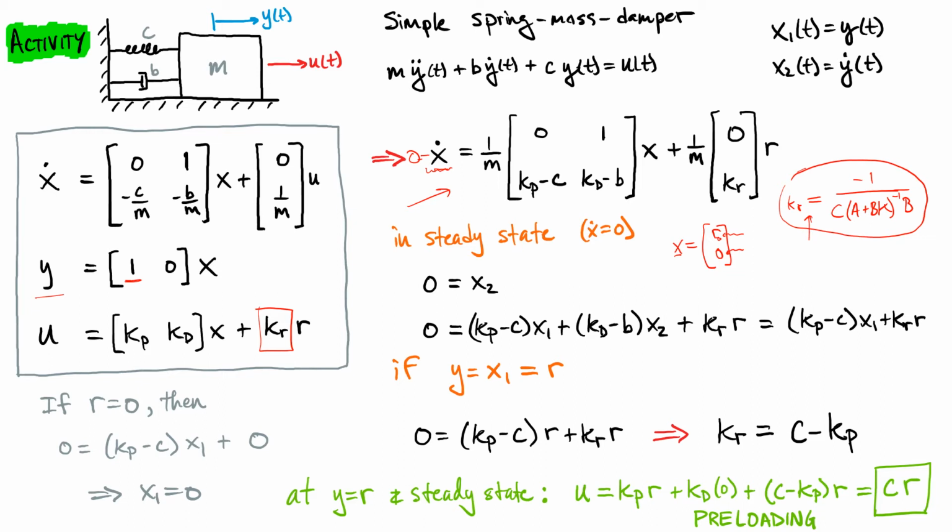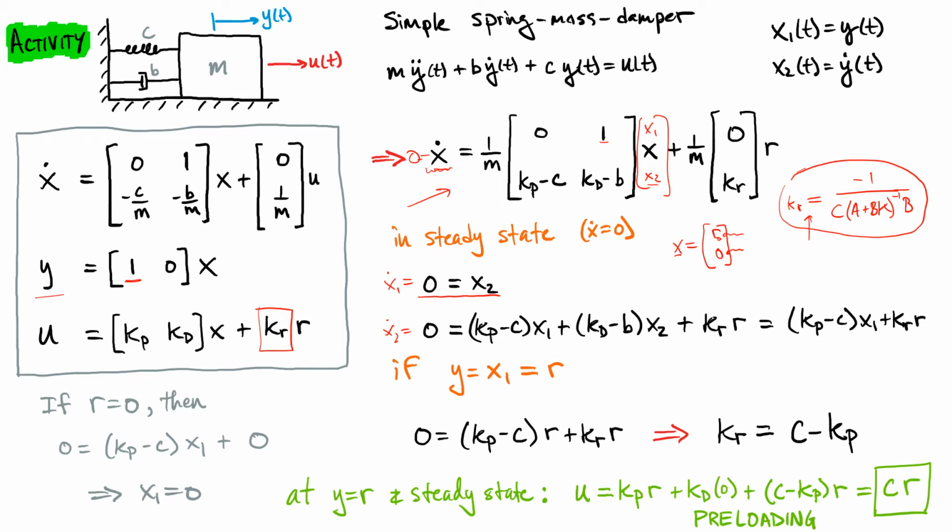Remember this x is x1, x2. If we multiply this out, the first line just gets x2 multiplied by 1 plus 0. So that means x1 dot is equal to x2, and we want to set that equal to 0. Then what's x2 dot equal to, which we're again going to set to be 0.